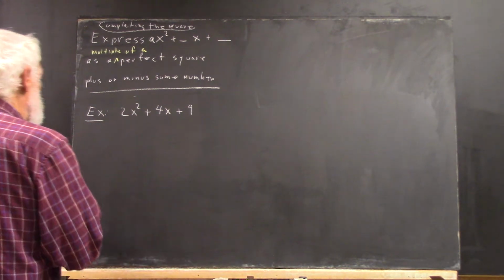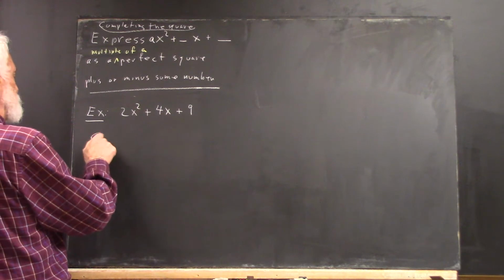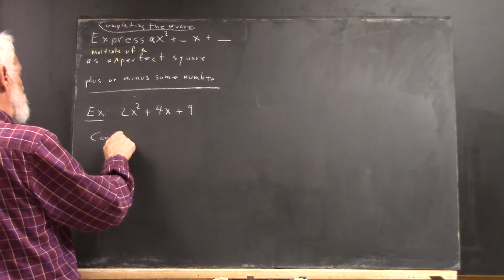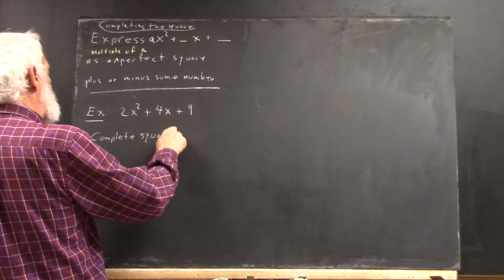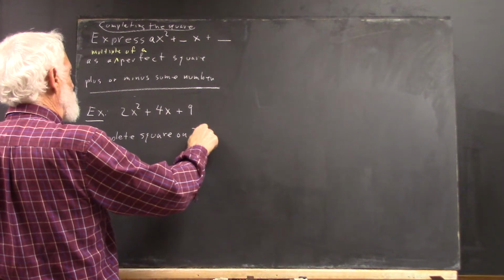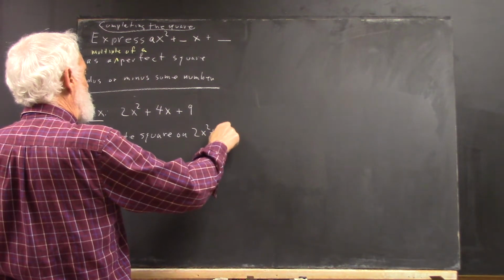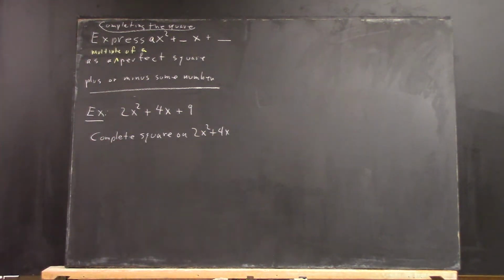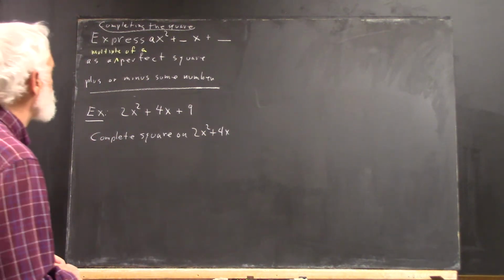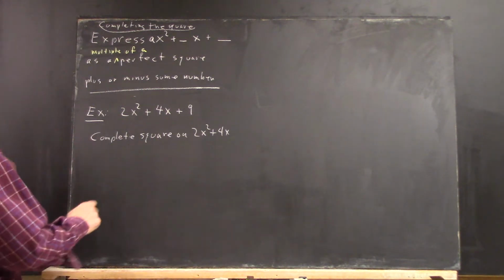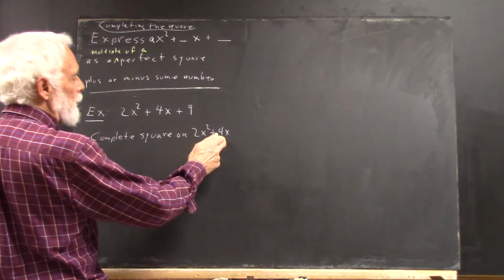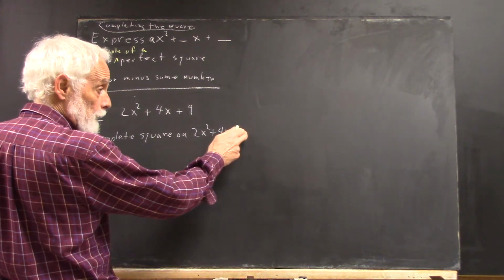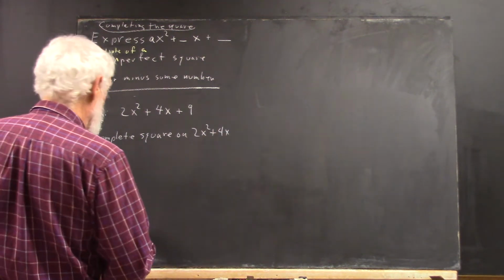Okay, so first of all, we complete the square of 2x squared plus 4x. Okay? We can't just take half of this square and add it to the end. We're not going to get a perfect square if we do that.